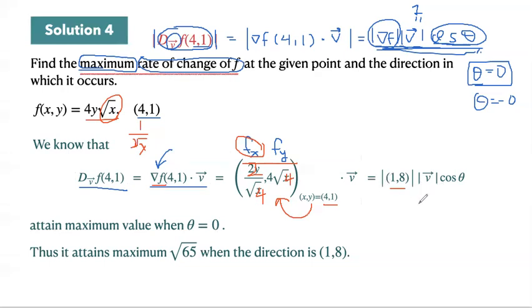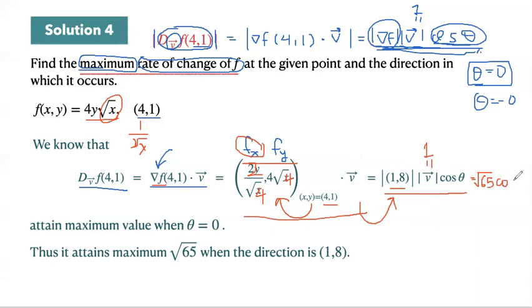And we know that this inner product computation is given by this formula. And we know that the direction v is just a unit vector, so its length is 1. So it'll be root 65 times cosine theta.